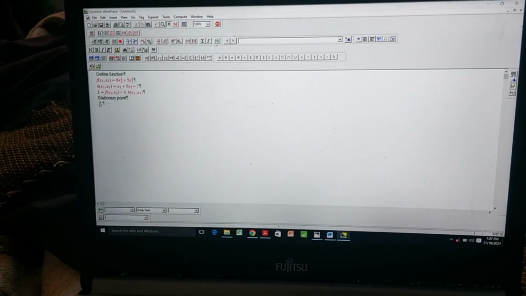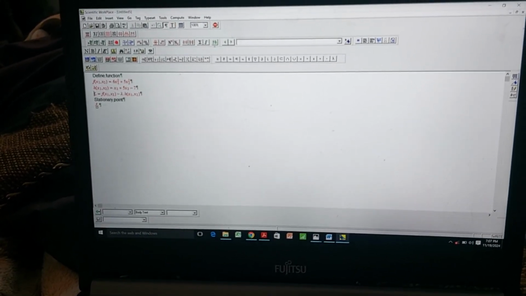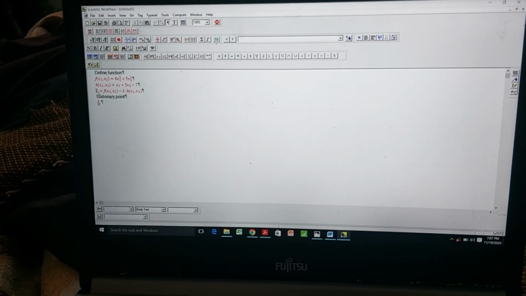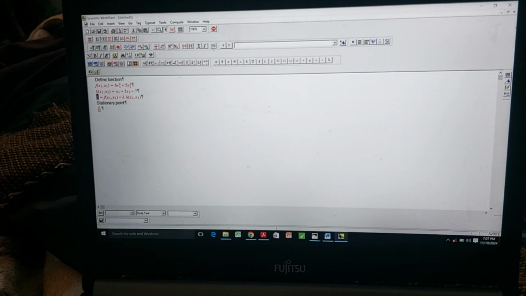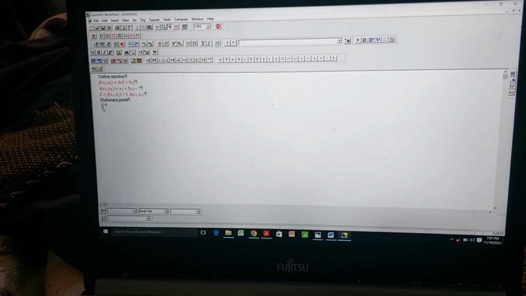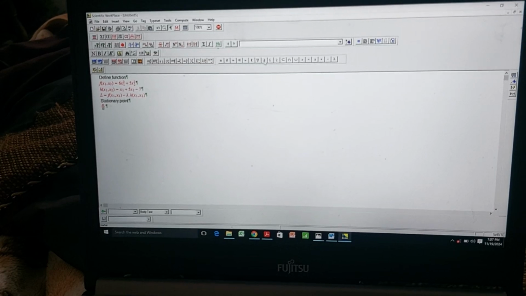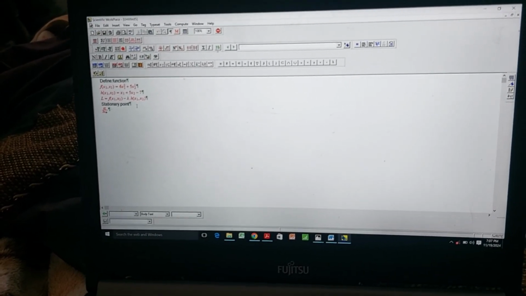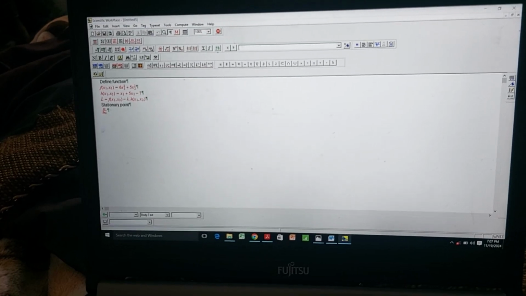So I need to find the partial derivative of L. I copy it and paste it over here, with the partial derivative with respect to x1.